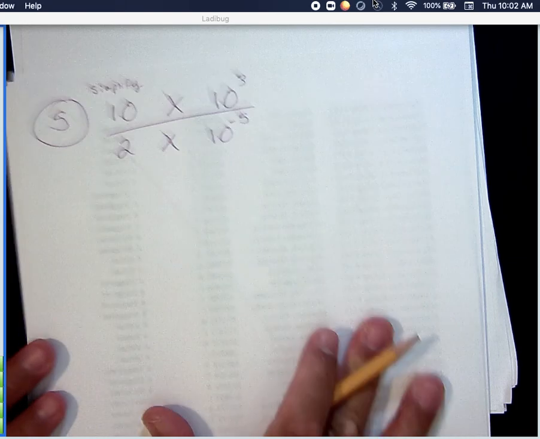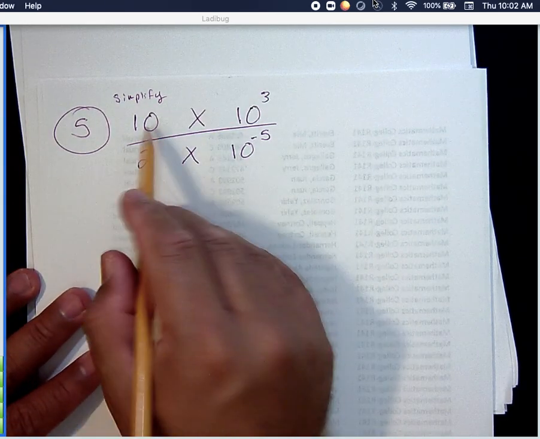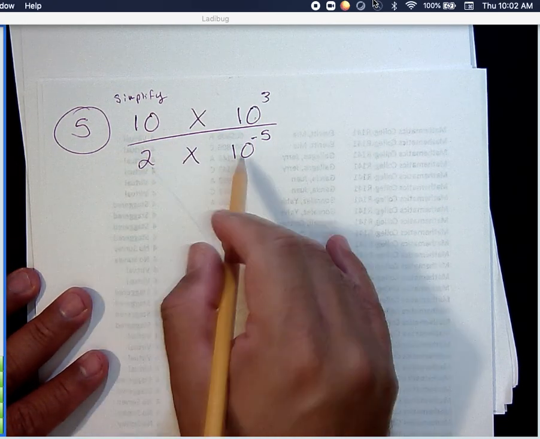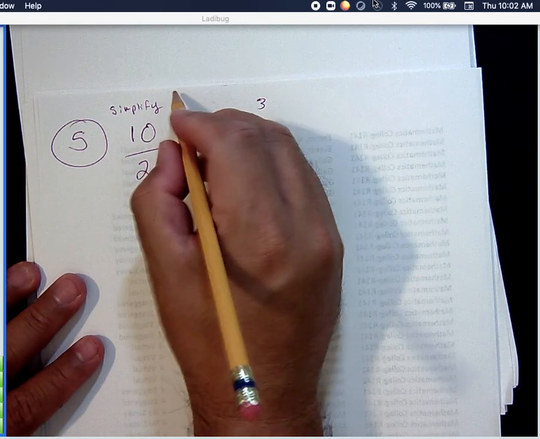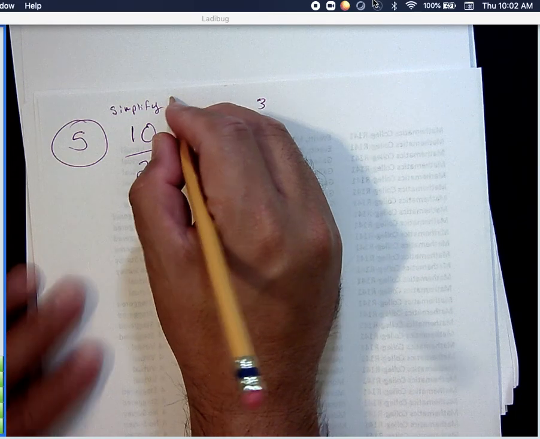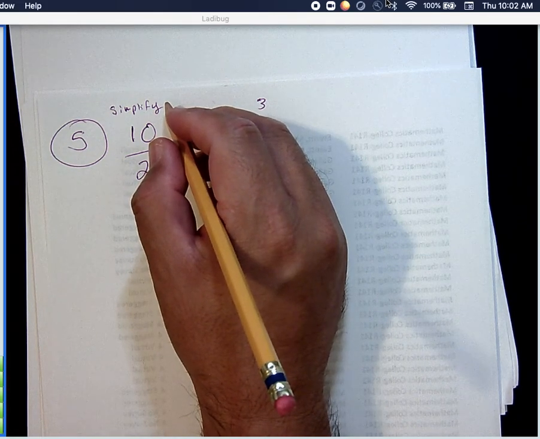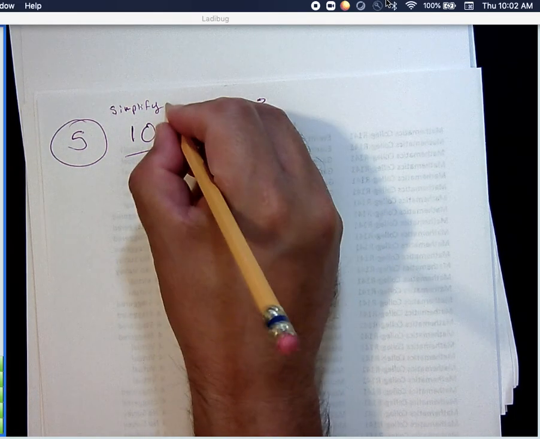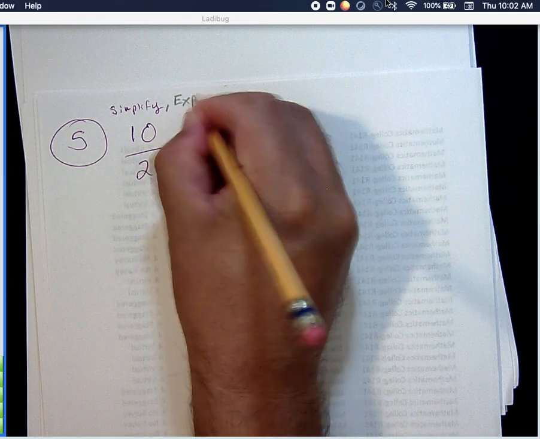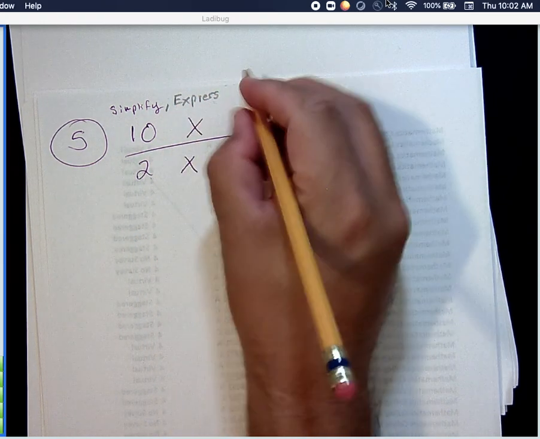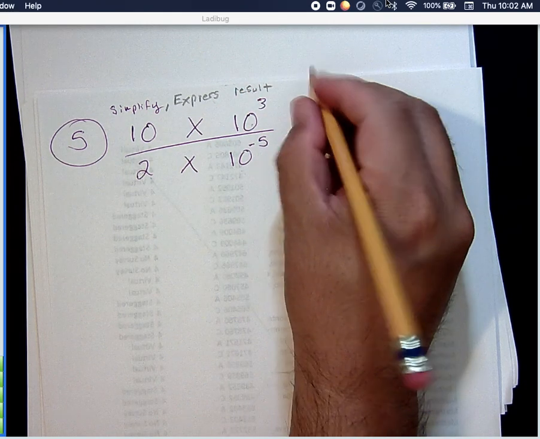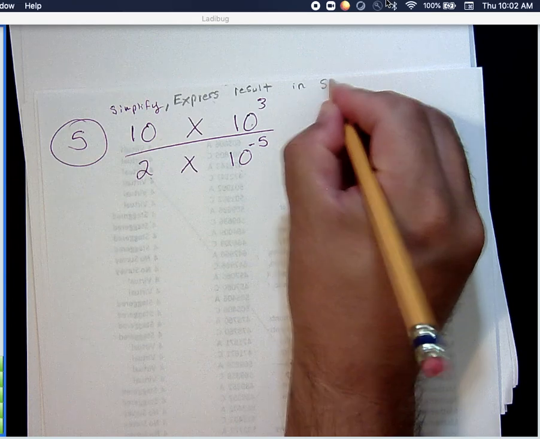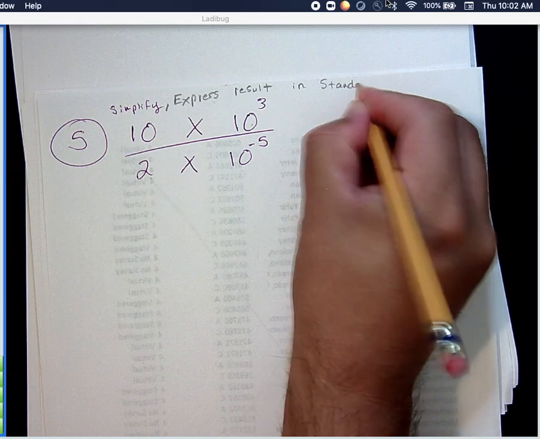All right. Okay, the last one. So they're giving you scientific numbers, and they want you to simplify, and I think on the question I ask you to express results in standard form.